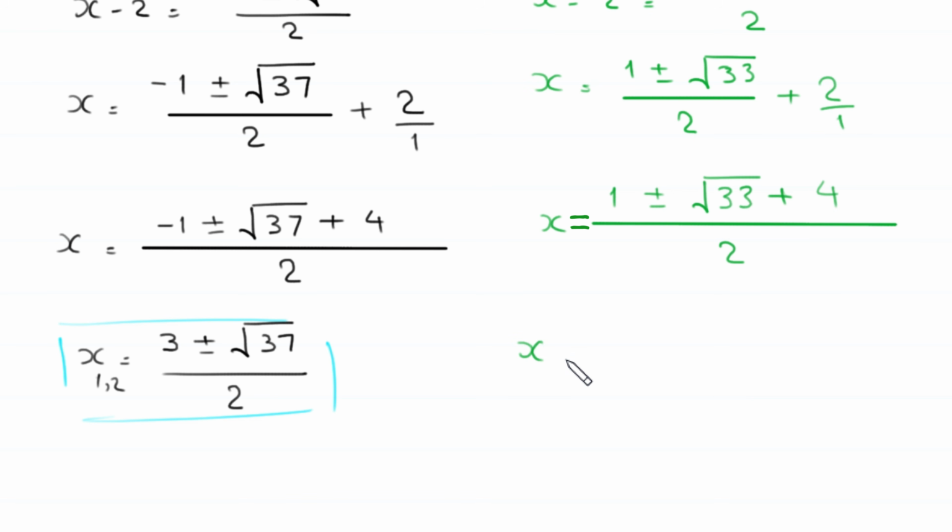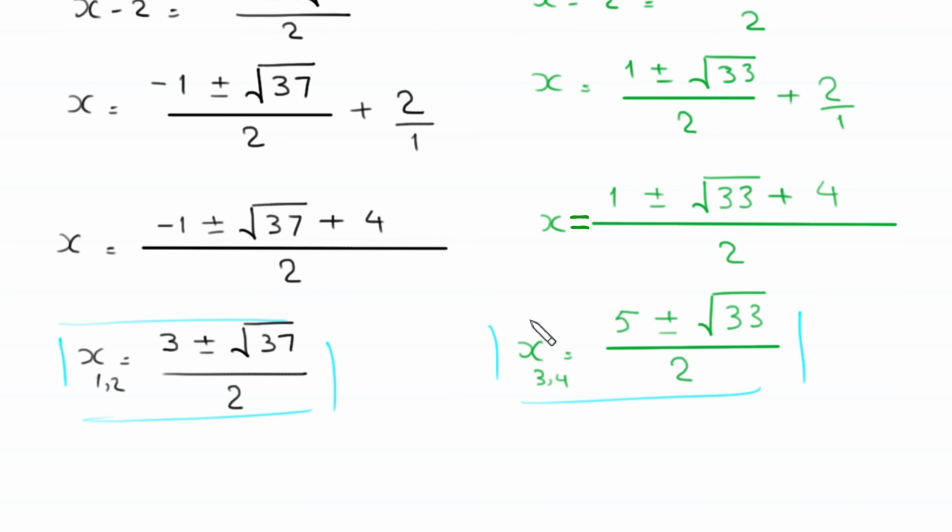Next, x is equal to, this 1 plus this 4 will become 5 plus minus root 33 divided by 2. This is the third and fourth value of x.